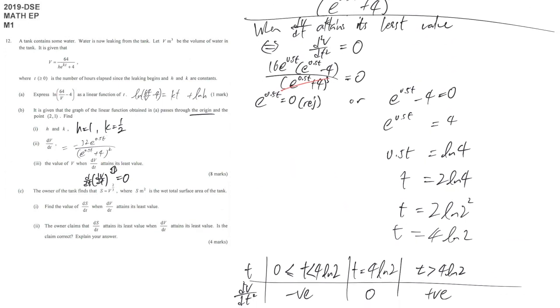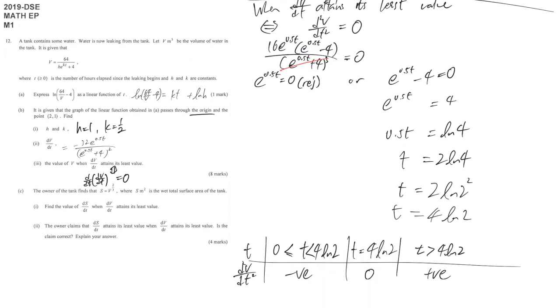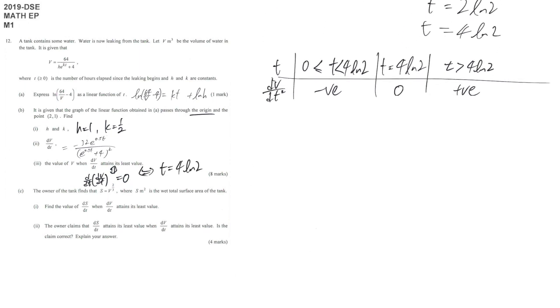And if you have time, you can analyze this term. This is always positive, so this determines the sign here. When t is large enough, the outcome will become positive. When t is not large enough, the outcome will become negative. So now, together with the table, we have successfully proved that this condition, that means t equal to 4 natural log 2, gives the minimum.